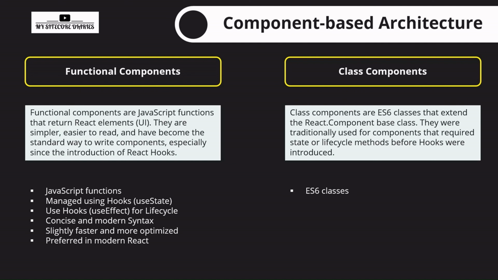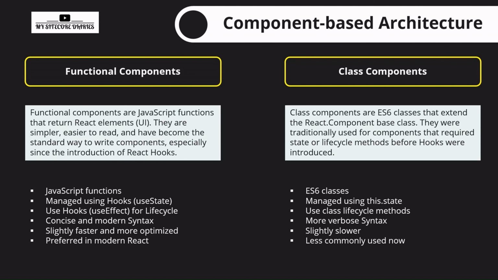The key features here: they are ES6 classes. State management is handled using this.state. Lifecycle methods are managed using class lifecycle methods. They have more verbose syntax. They're slightly slower compared to functional components, and they are less commonly used now.